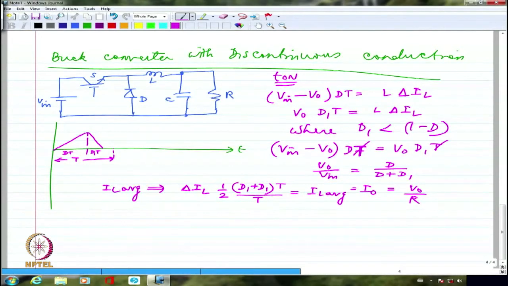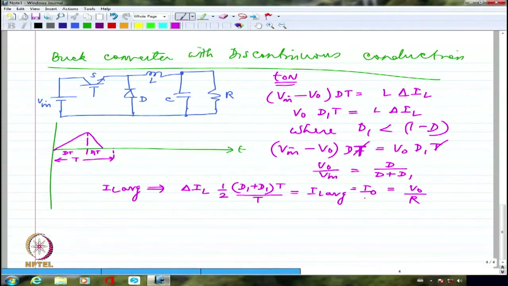So I can write V naught in terms of d by d plus d1 and so on and so forth. But I should be able to get a quadratic equation in d1 ultimately, which I can solve for. I want you guys to do that. Please do it as homework.